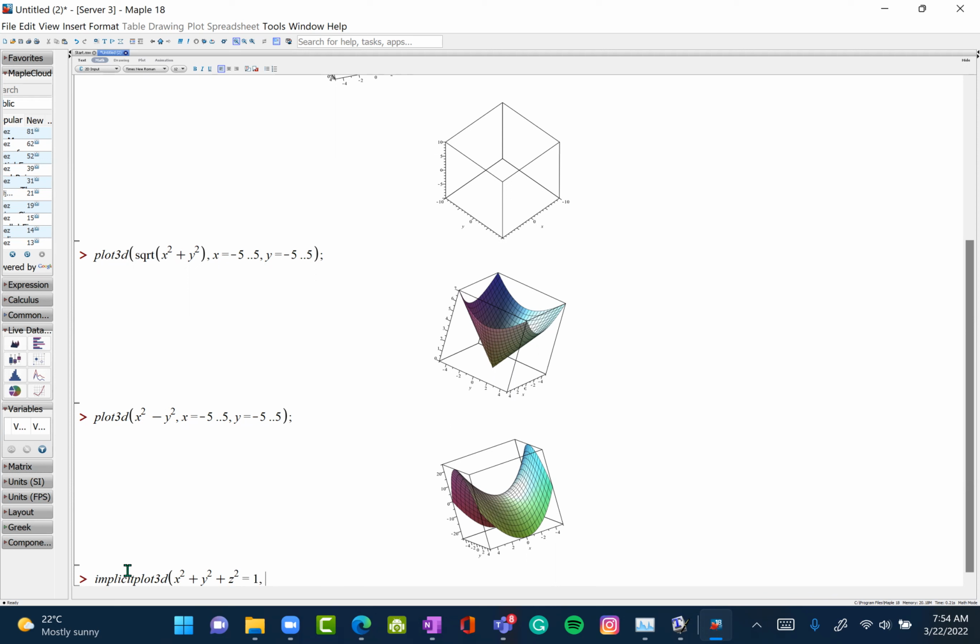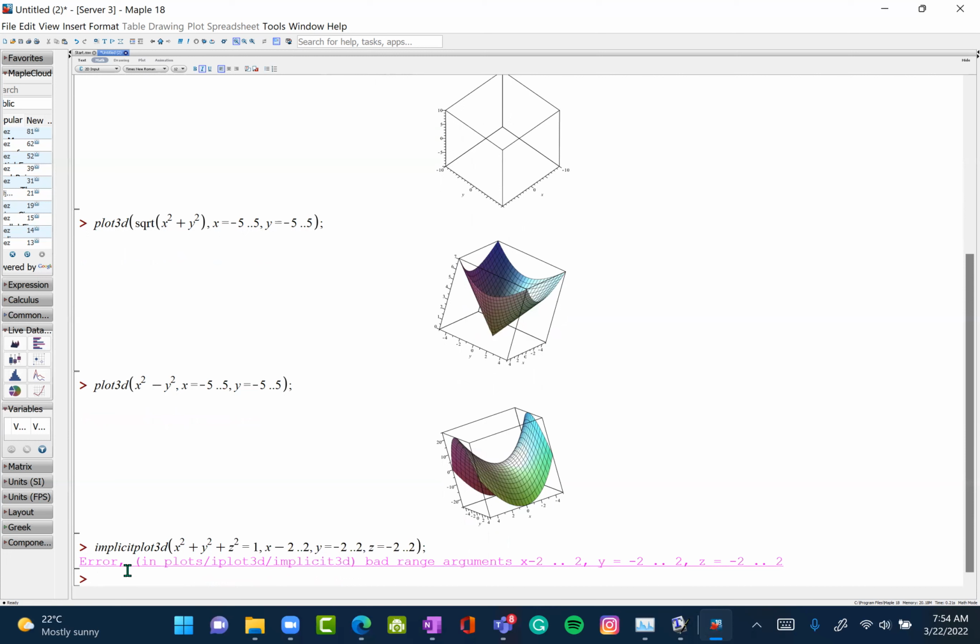Okay, so x from -2 to 2, y from -2 to 2, z from -2 to 2, so just symmetric all the way through.